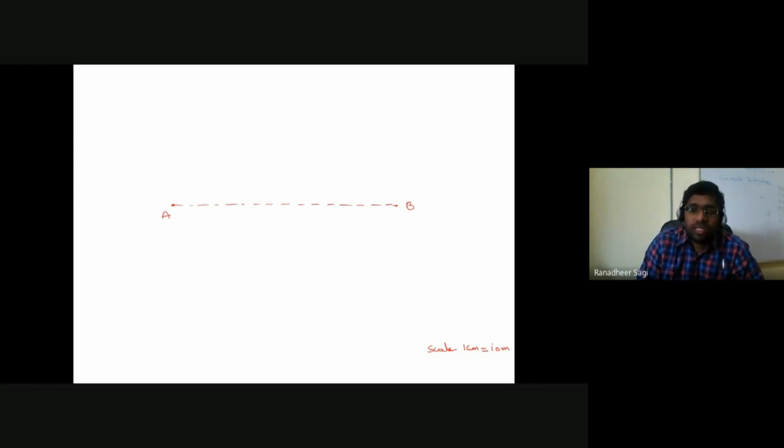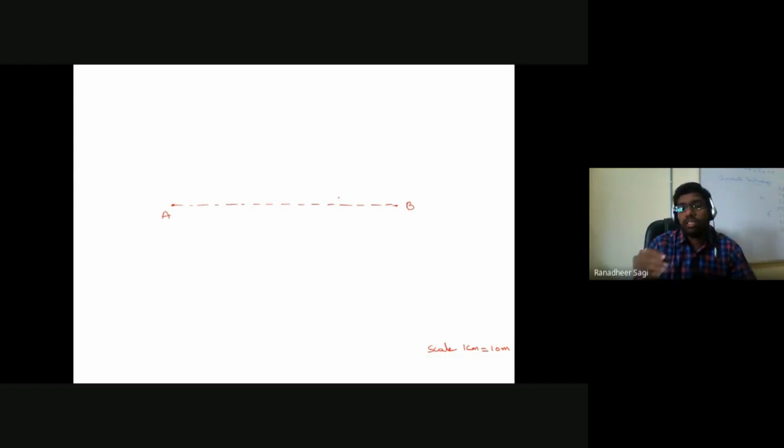Just roughly I'm saying, I have chosen some scale like this. 1 centimeter on my drawing sheet represents 10 meters of distance in the field. Then subsequently, the length from point A to point B, which I am required to represent on my drawing sheet, should be equal to 13 centimeters. And that 13 centimeters indicates the 130 meters length which I had in my field.